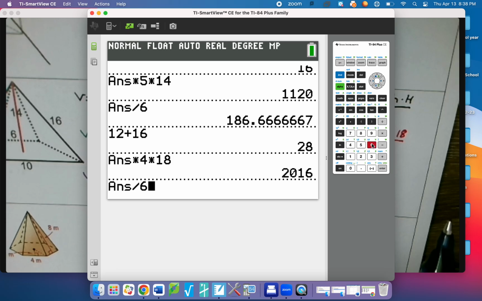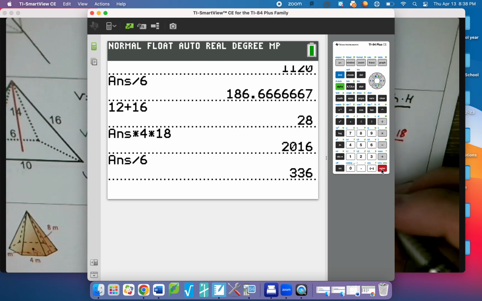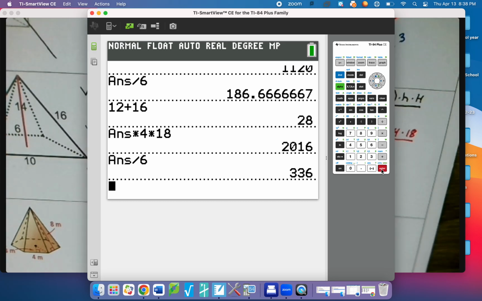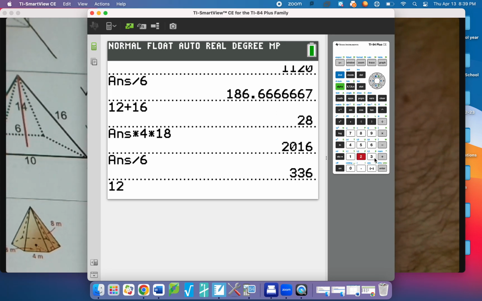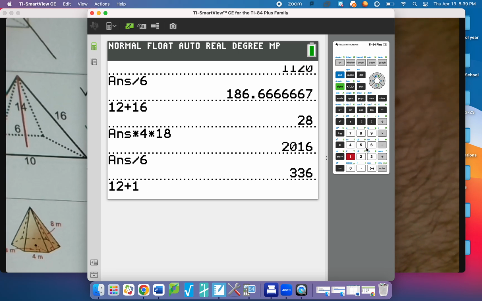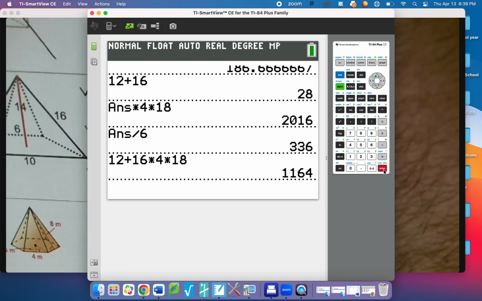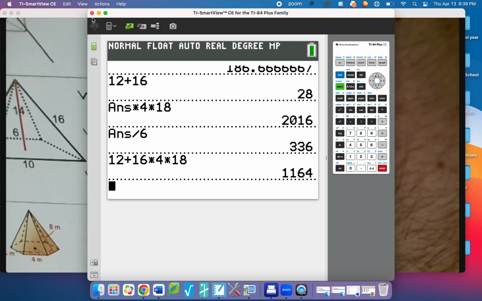We divide by 6, and the volume is 336 units cubed worth of volume. So just to kind of show you what I'm talking about, 12 plus 16 times 4 times 18. It looks right, looks like it would work, but it's only 1,164 when it's really supposed to be 2016.